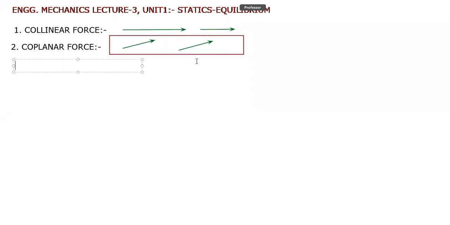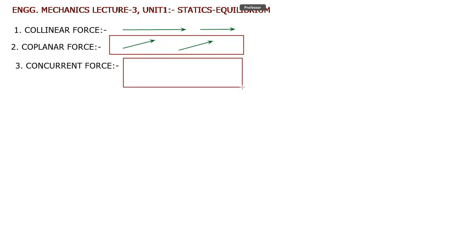Third one that we have seen is the concurrent force system. Now, concurrent means what? Concurrent means all forces will combine at the same point, or they will emerge from the same point.